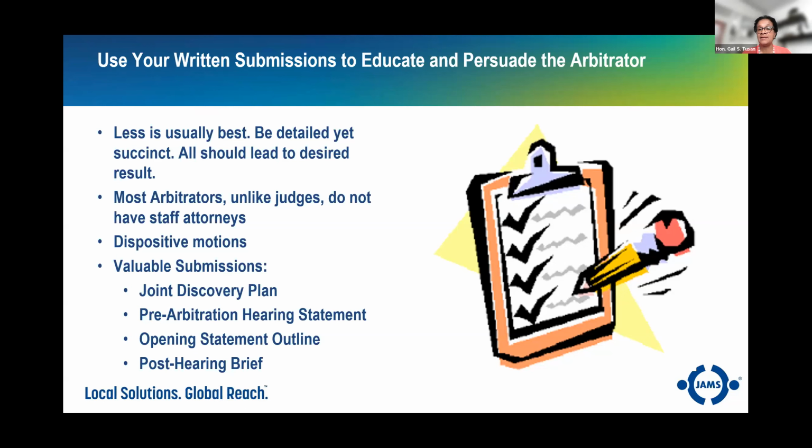It saves time on the one end if you're close to the end of the day and everyone is fatigued, so to make sure that you don't leave anything out of your closing, you have an opportunity to review the transcript and submit your post-hearing briefs in writing. But not everyone wishes to do that, and that's just something that typically is discussed with the arbitrator.